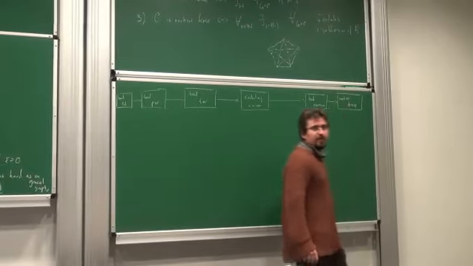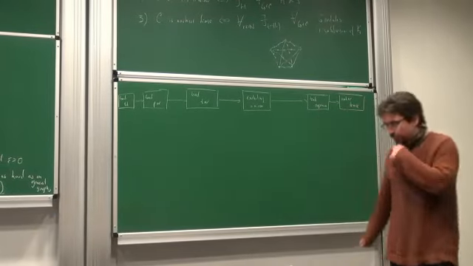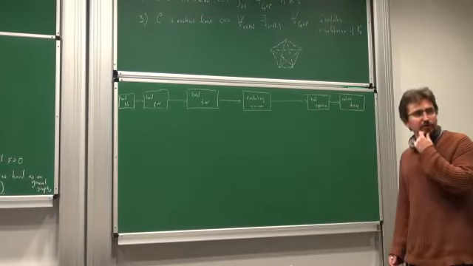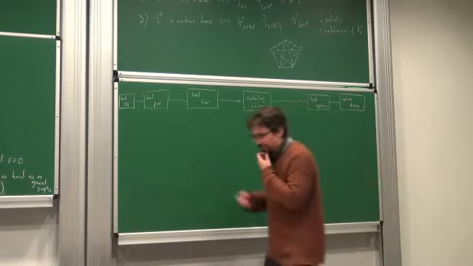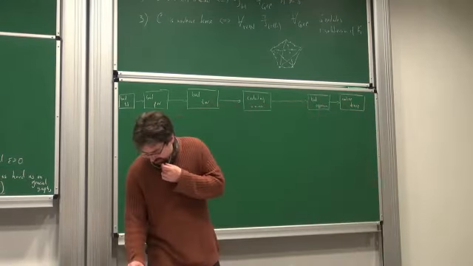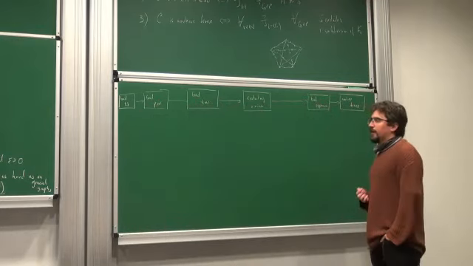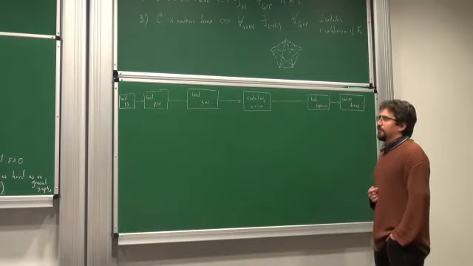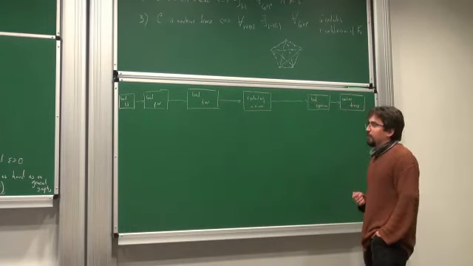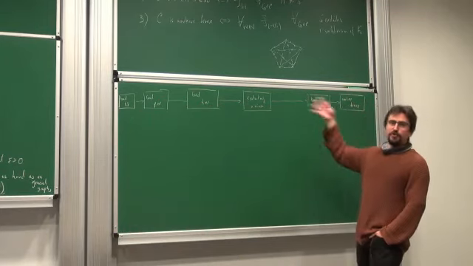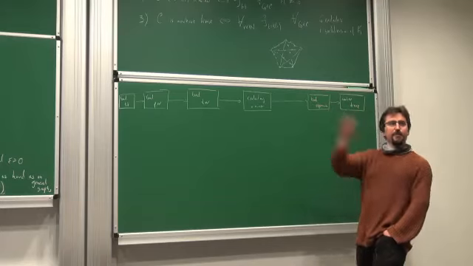Otherwise, you are as hard as general graphs. Good. So the question is, is it the end of the story? And of course it's not, because otherwise I would not be standing here, because there are classes where first order model checking is tractable, but are not captured by this simple picture here.